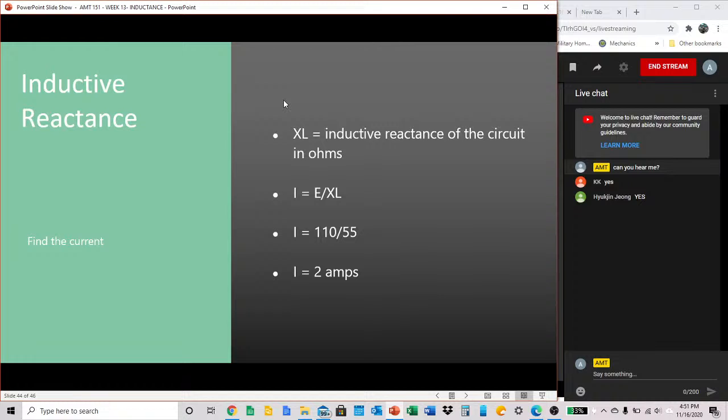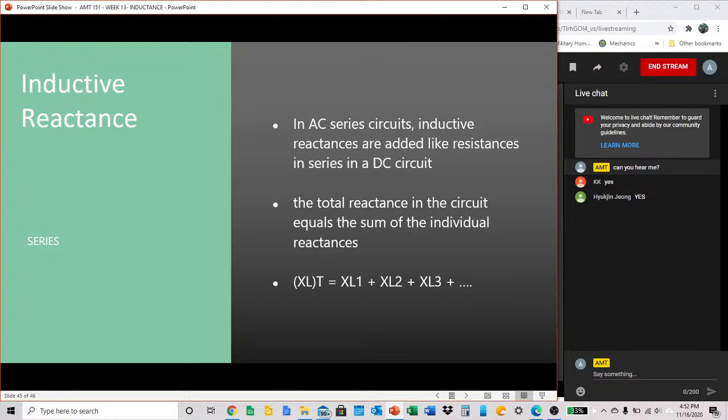Remember, our inductive reactance was 55 ohms. Our voltage of that circuit was 110 volts AC, and we want to find our current. If we divide 110 volts by 55 ohms, that gives us 2 amps. So our current is 2 amps in that AC circuit. Okay.